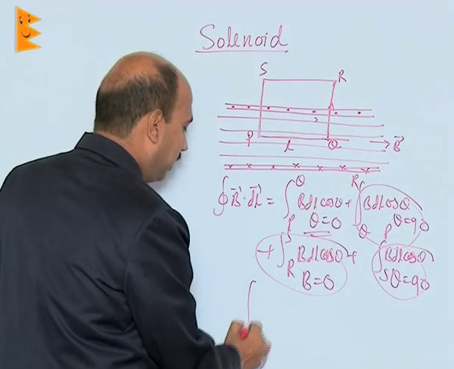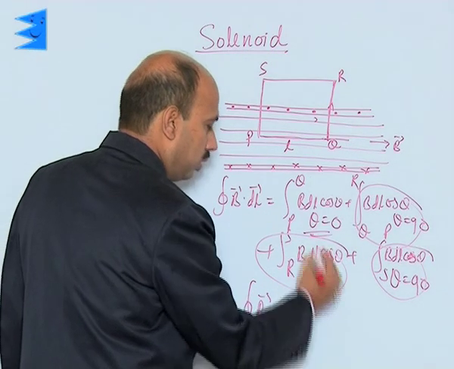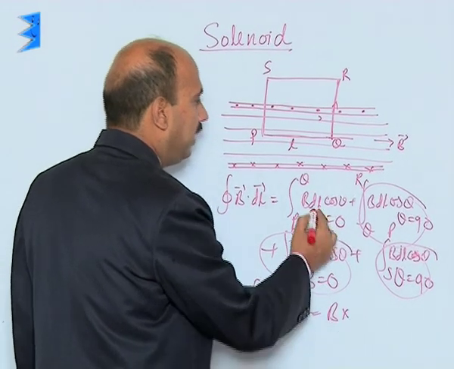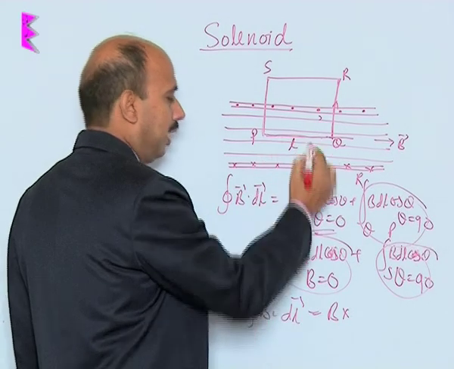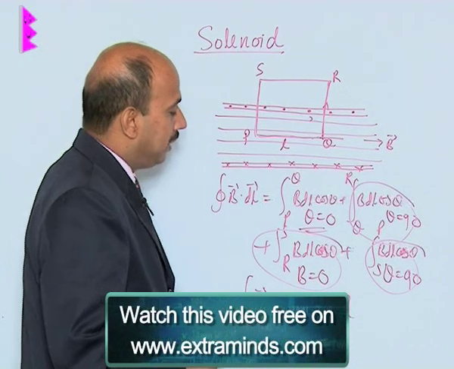So, we can write the closed loop integral of B dot dl equals B times the integral of dl, which with length L gives B times L. Now, we can use Ampere's circuital law.